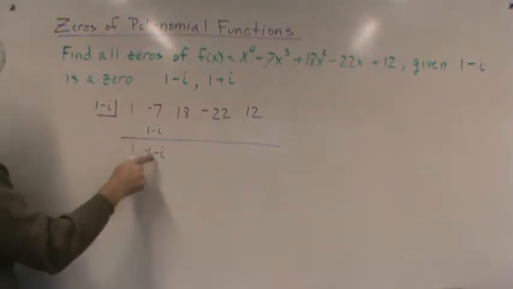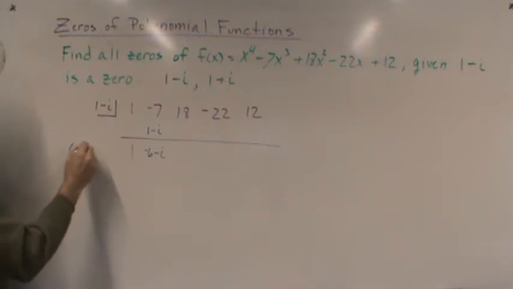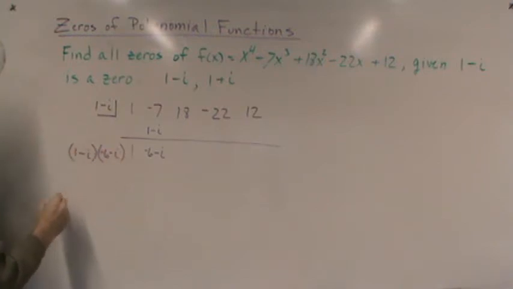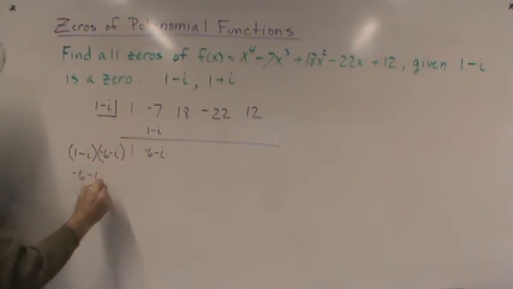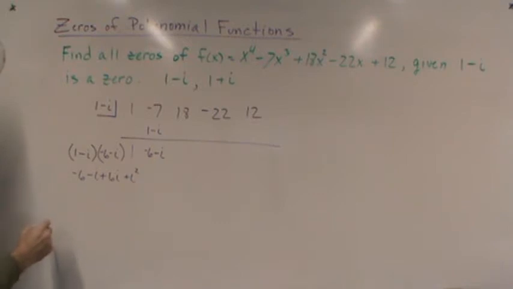Now, I've got this times this, so I'm going to have to go over and do some scratch work. So it's 1 minus i times negative 6 minus i. And so this is going to give me a negative 6, and then it's going to give me a minus i, and a plus 6i, and then a plus i squared.